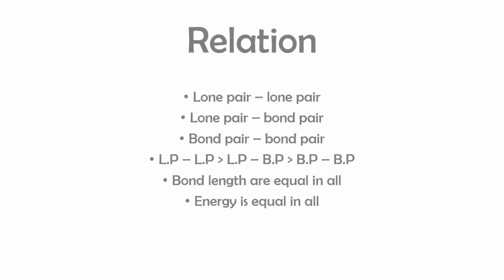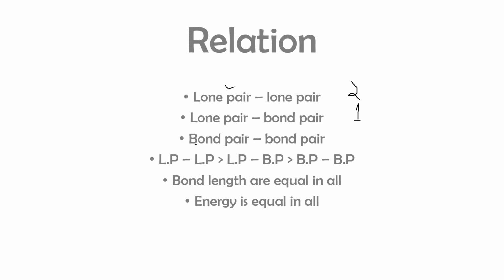After that, relations. Now we know that there are two kinds: first is called the lone pair and second is called the bond pair. When we are talking about the relation, a molecule can have 2 lone pairs in its outermost shell, or 1 lone pair.